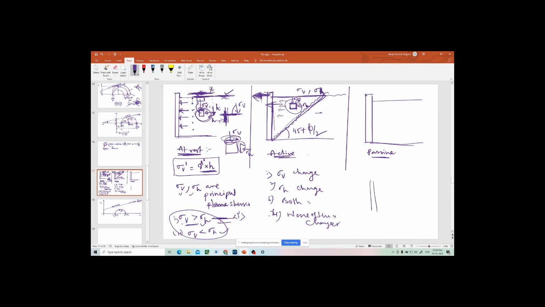Suppose there is like this, and you are moving in this direction. Fine. If it is moving in this direction, what happens? Slowly it tries to come down, like this. Anyway, now sigma v, sigma h, and we know how to calculate sigma v, right?